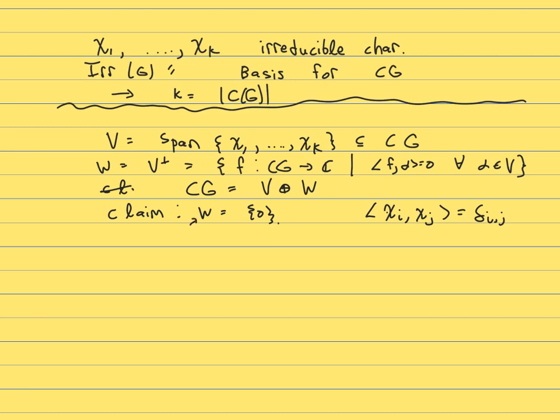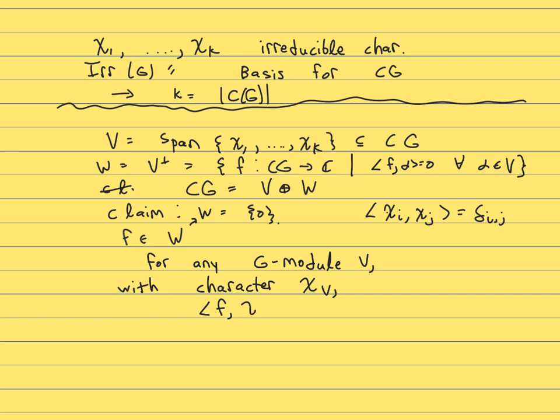So let's take something in here. Now what do we know? We know that the inner product of f with any one of these things is 0. In particular, what that means is for any G module V, if you take the character associated to it, the inner product of f and that character has to be 0.